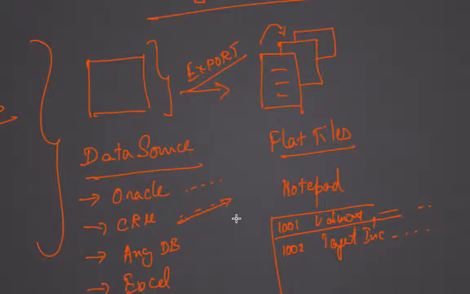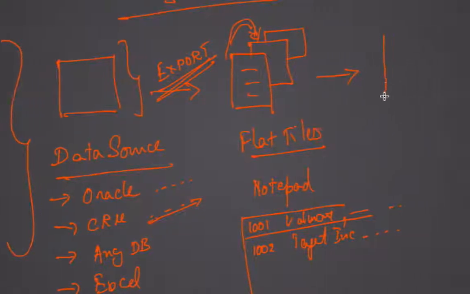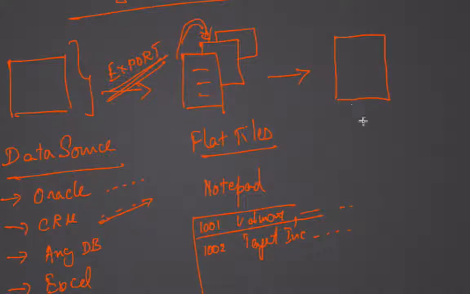There are a few formats to these flat files, and we'll talk about those formats when we get into the details. The key here is to understand that irrespective of your data source, make sure that there's somebody who can export this data into flat files for you. That's step number 2. Step number 3 is your LSMW, those 14 steps.